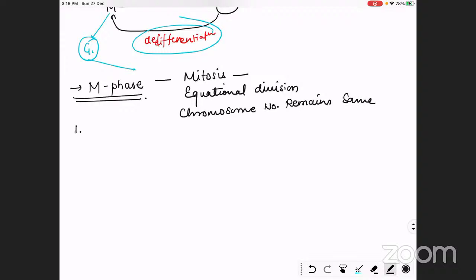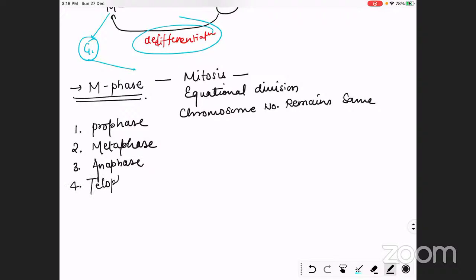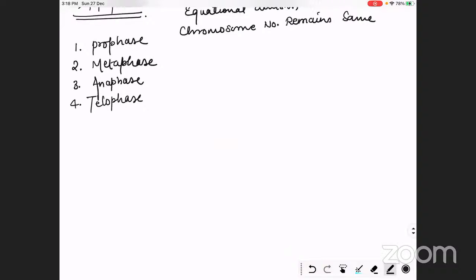Four phases: prophase, metaphase, anaphase, telophase. Prophase, meta, ana, and telo. Now, the first phase of the M phase is the prophase.